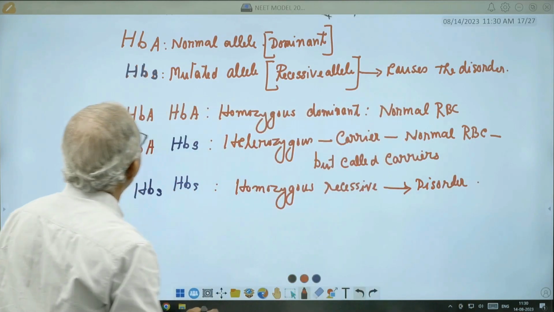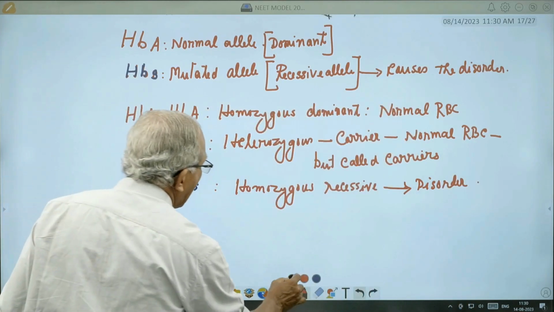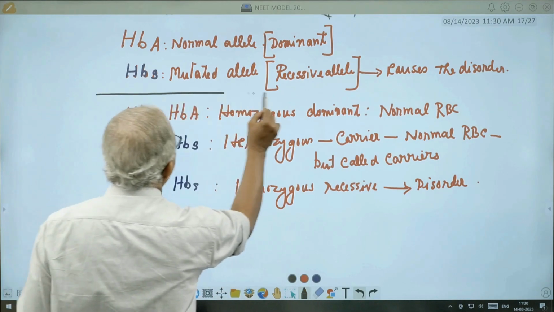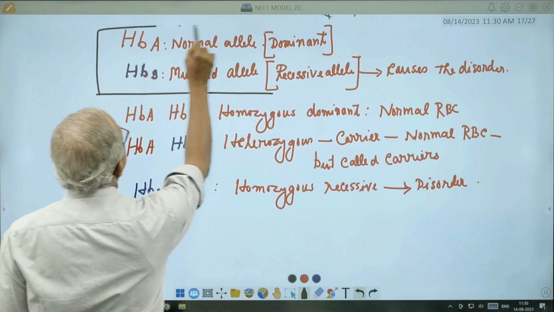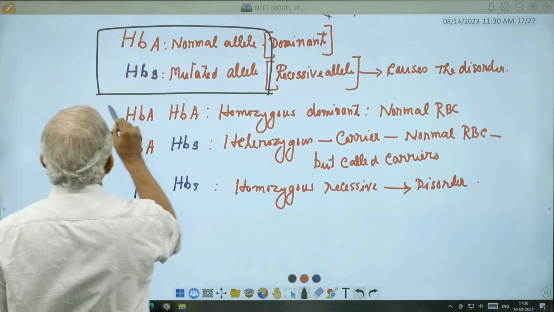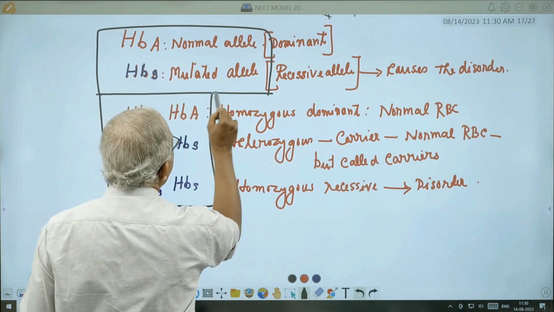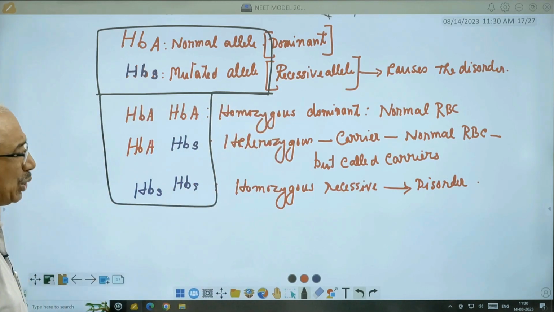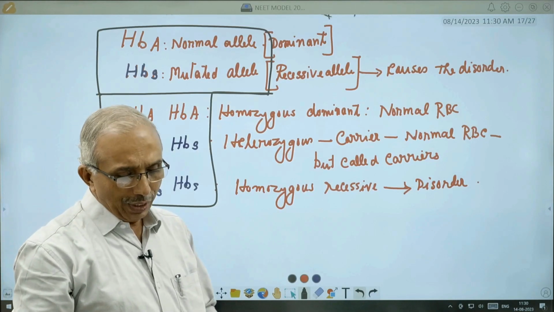These are the alleles in sickle cell anemia, and this is the genotype of an individual that shows it.